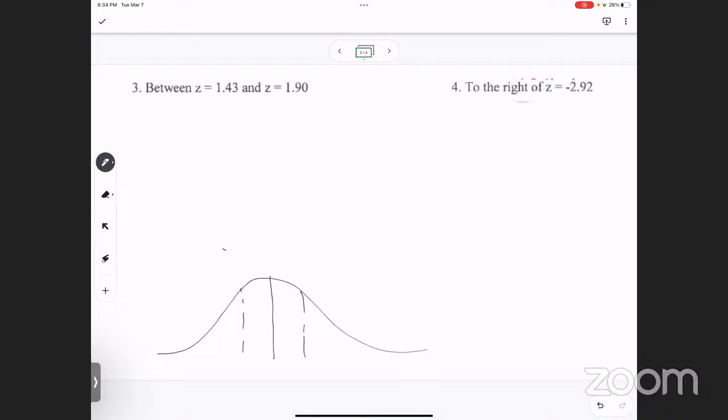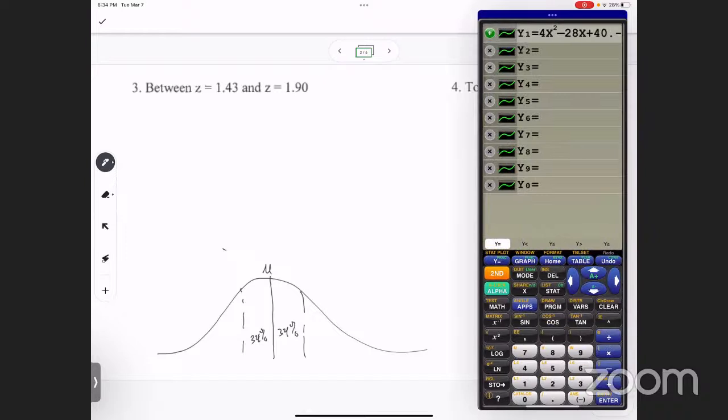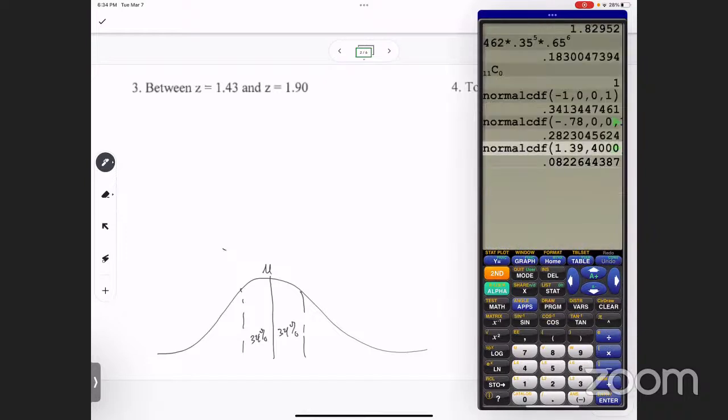So this is your mu right here, your mean, and this should be 34%, and this should be 34%. So if you plug into this equation -1, comma, +1, what amount should you get?